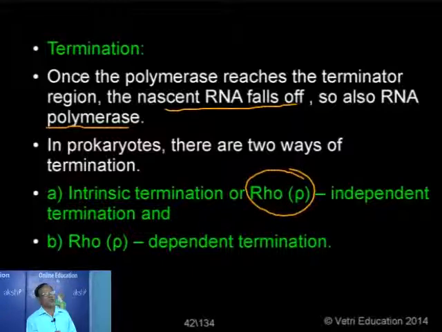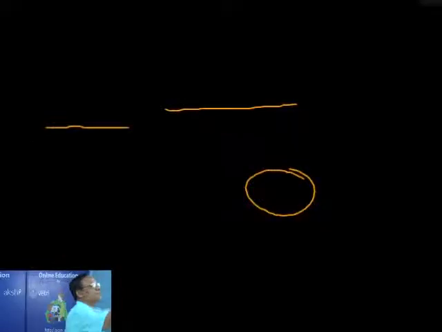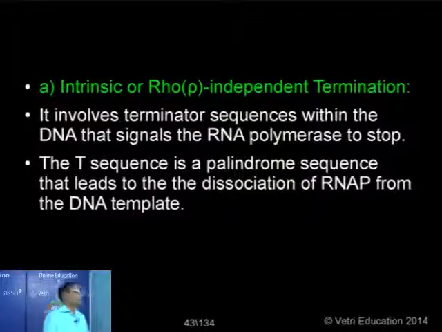No factor is involved, namely the rho factor, a kind of protein. That's why it is called rho independent termination. Another termination takes place with the help of the rho factor, that's why it is called rho dependent termination. So independent and dependent. Let's see now what is happening in the case of intrinsic or rho independent termination.